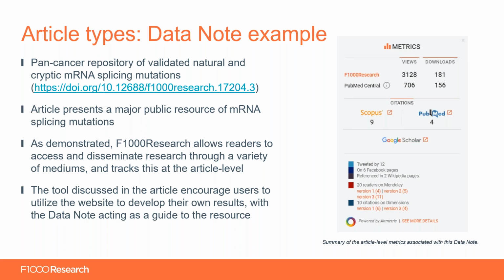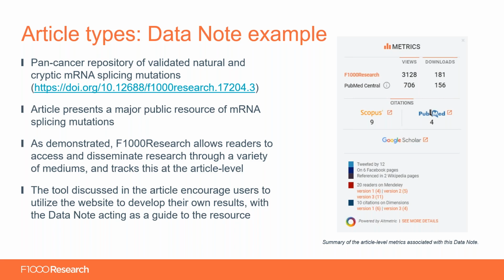But specifically when considering it as an example of a data note article, it's a prime example of an authorship group utilizing the aims of a data note by discussing the tool that they produced. In this case, it was a website, again with no definitive analysis or conclusion, but instead acting as a guide to this resource.